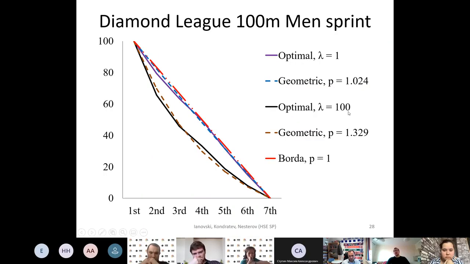And if an organizer wants to increase suspense, to encourage competitors to be more risky, it could choose lambda more than 1. Then the optimal scores are very close to geometric scores.